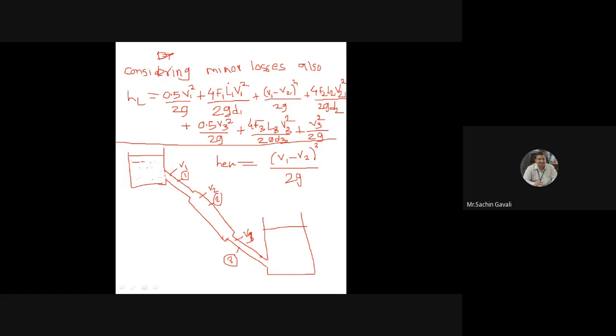Considering minor losses also, all write down. I will give one or two minutes. If it is over, please tell over because we have to go fast.